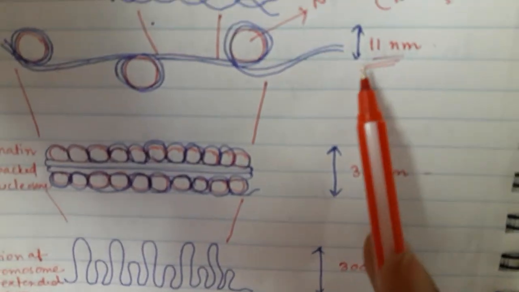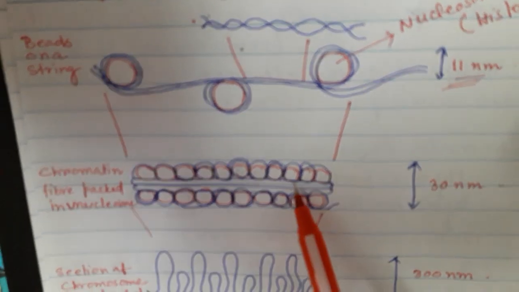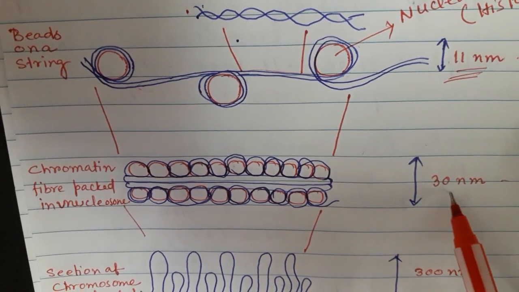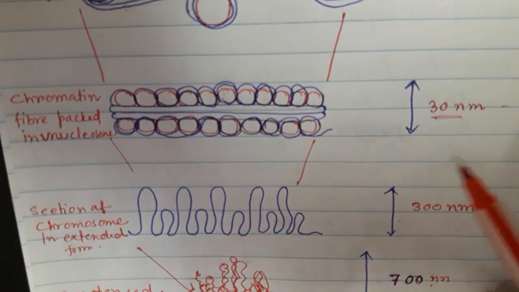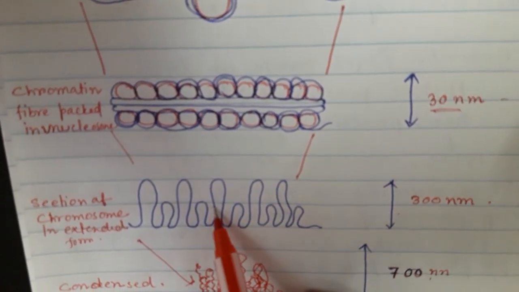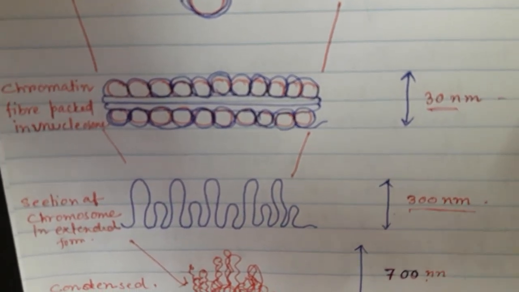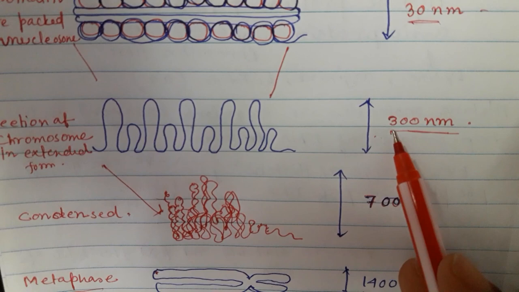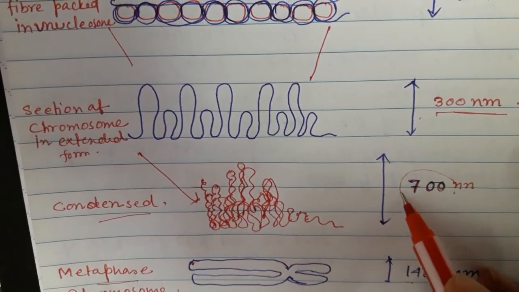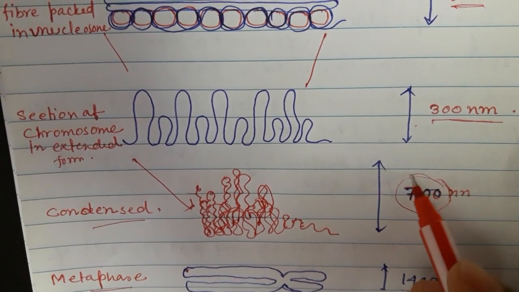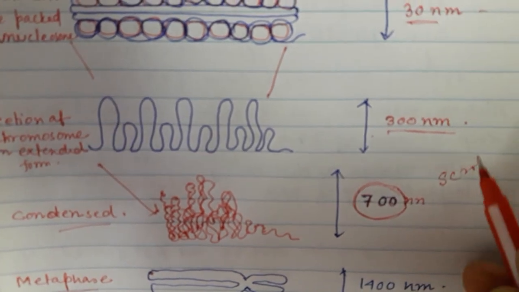First, the chromatin of 11 micromillimeter diameter is coiled up and its diameter becomes about 30 micromillimeter. After that, it coils and supercoils, and the diameter becomes about 300 micromillimeter. Again it is supercoiled and condensed to form 700 micromillimeter, and a scaffold-like structure is produced.